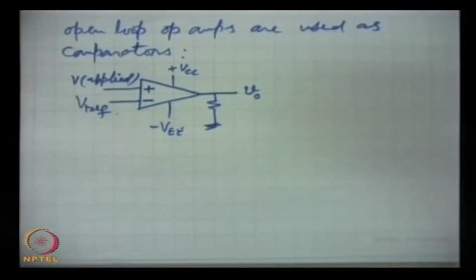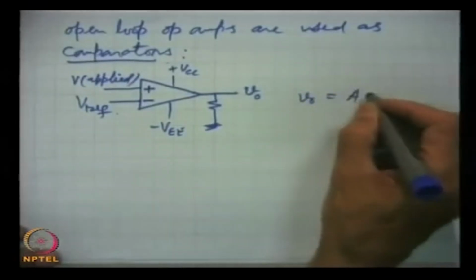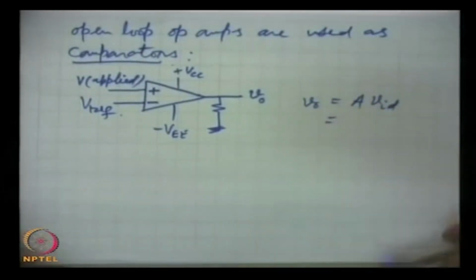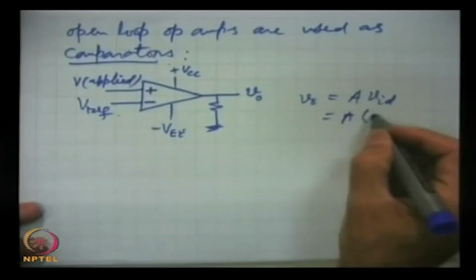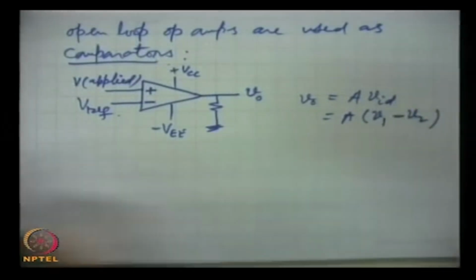So, this way the three configurations in open loop, the inverting amplifier, non-inverting amplifier and the difference amplifier, are not used as an amplifier, but one of the applications for open loop is as comparators, where V0 will be A into V1 minus V2, where one of these can be a reference voltage.